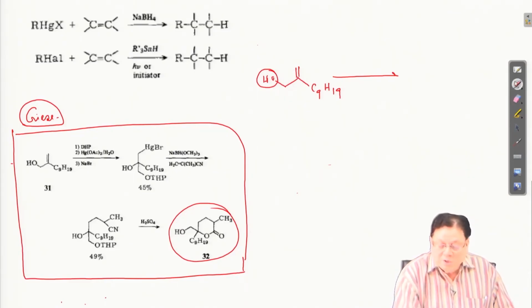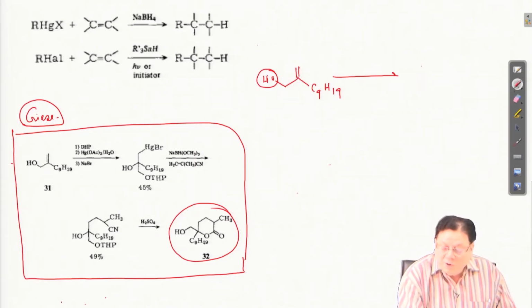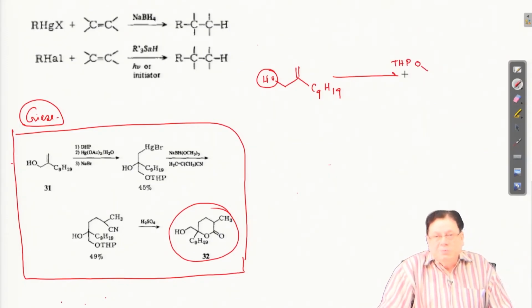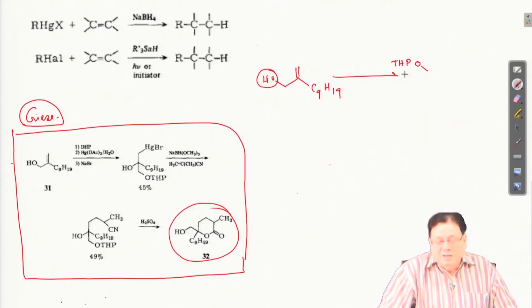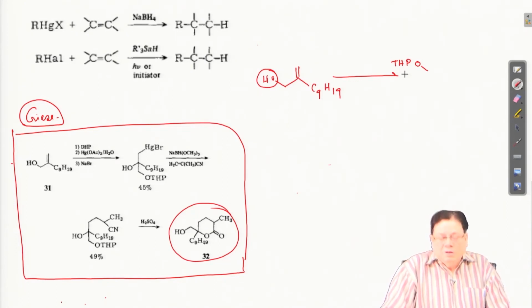So, first you protect the hydroxy with a protecting group called tetrahydropyranyl protecting group. It is a THP. It comes off under mild acid conditions. A protecting group has two aspects: first, how to do the protection, and then how to do the deprotection.